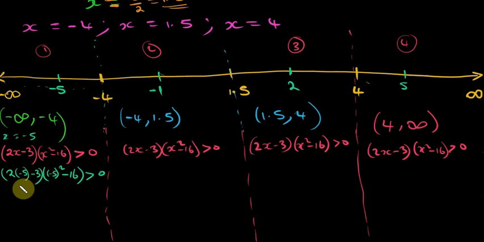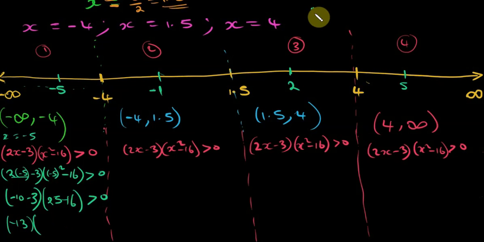Well, let's find out. 2 multiplied by minus 5 is minus 10, minus 3 gives us minus 13, multiplied by 25 minus 16.